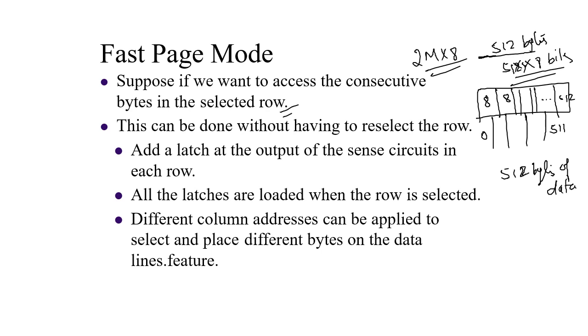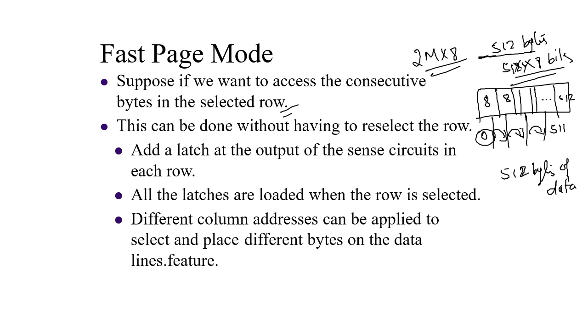You just need to change the column address. You need to just switch from one column address to another continuously up to 512. Thereby, we can continuously access 512 bytes of data without even mentioning the row address again. This way of accessing the data is called the fast page mode.